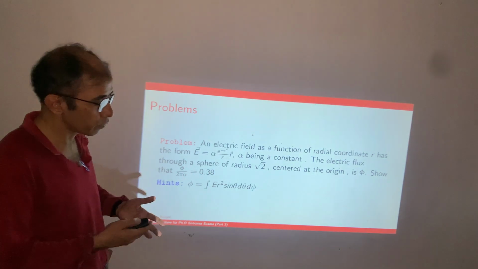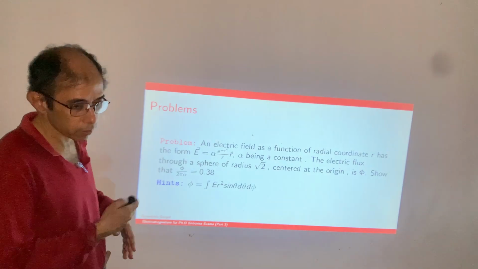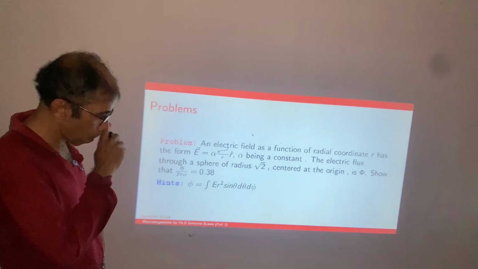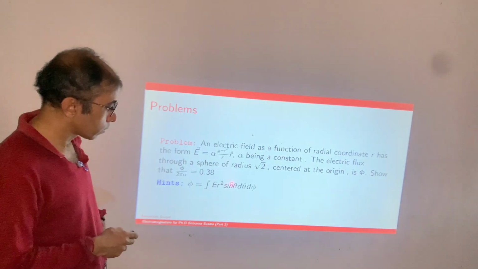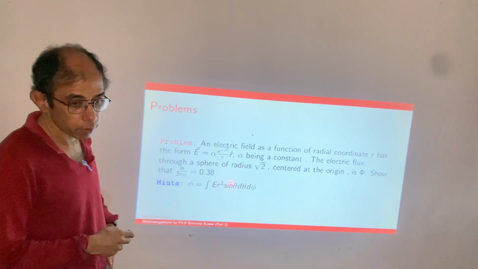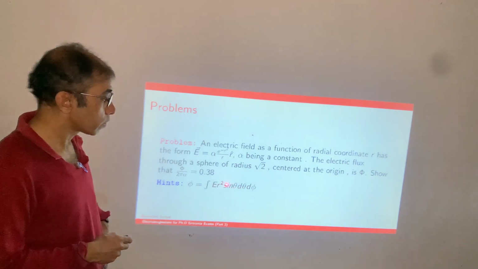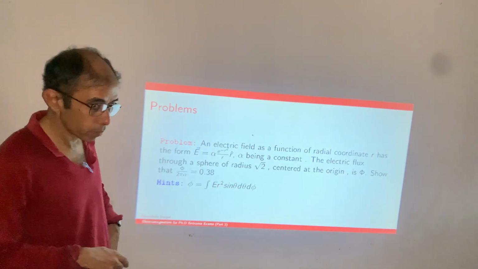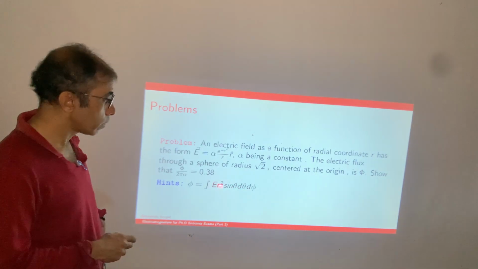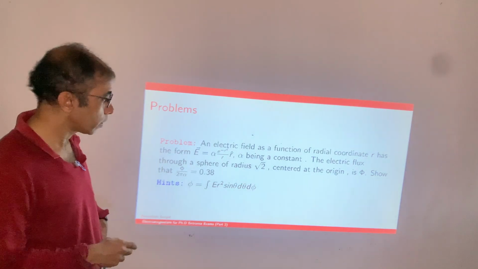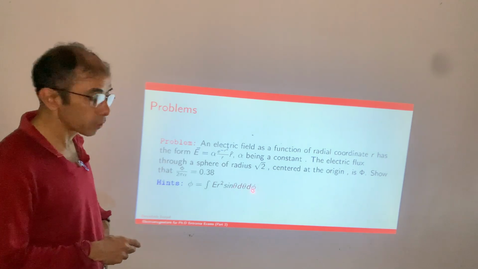So you consider a sphere. The electric flux across the sphere will be the integral of E times r² sin θ dθ dφ, which is the infinitesimal surface area on the sphere of radius r. So E into this infinitesimal surface area, and then you integrate over all θ and φ.